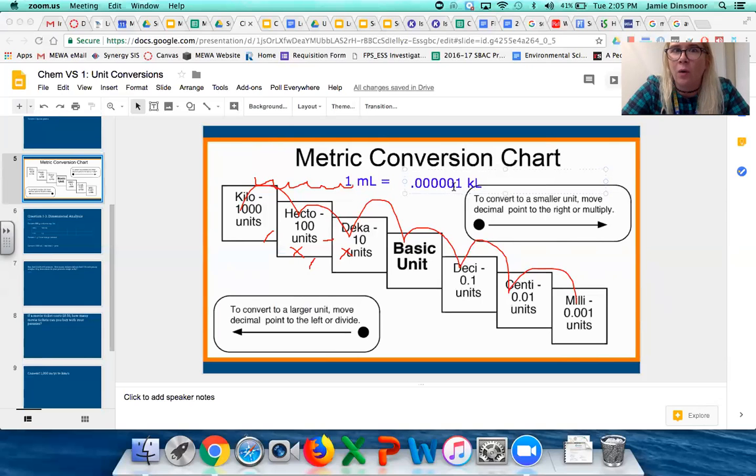And I can always check that: 1, 2, 3, 4, 5, 6. Perfect. That's a tiny number, so I need 5 zeros before my 1.